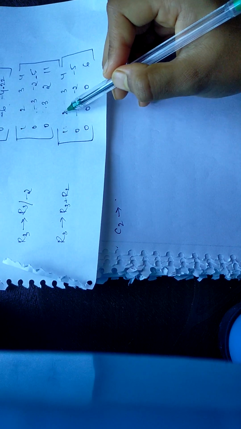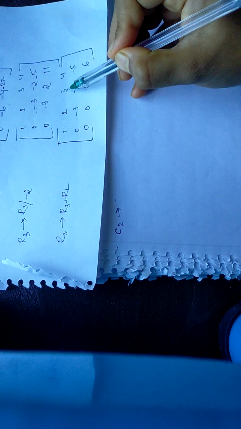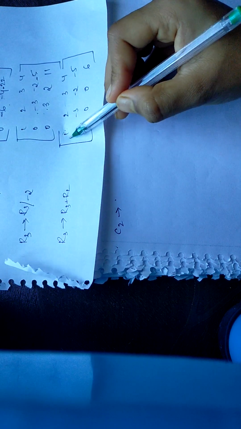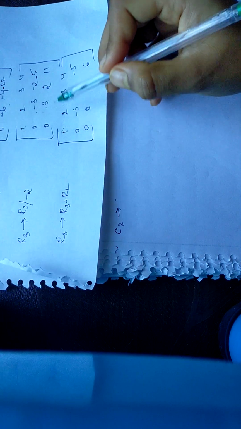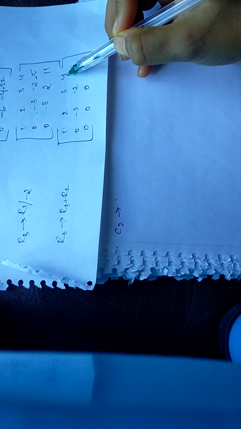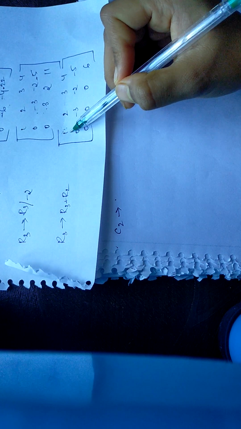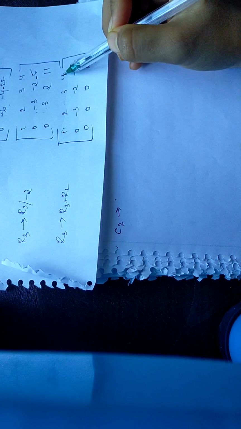Then if you subtract, 2 minus 2, you'll get 0. Similarly for this column, if I multiply the first column with 3, then it will become 3. Again, 3 minus 3 will be 0. You have to do the subtraction operation. Similarly for the 4 also, we can multiply C1 with 4 and subtract from C4, right?